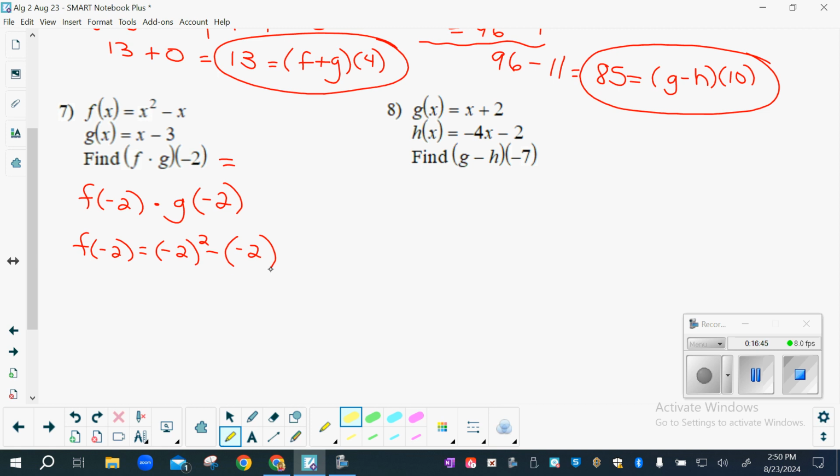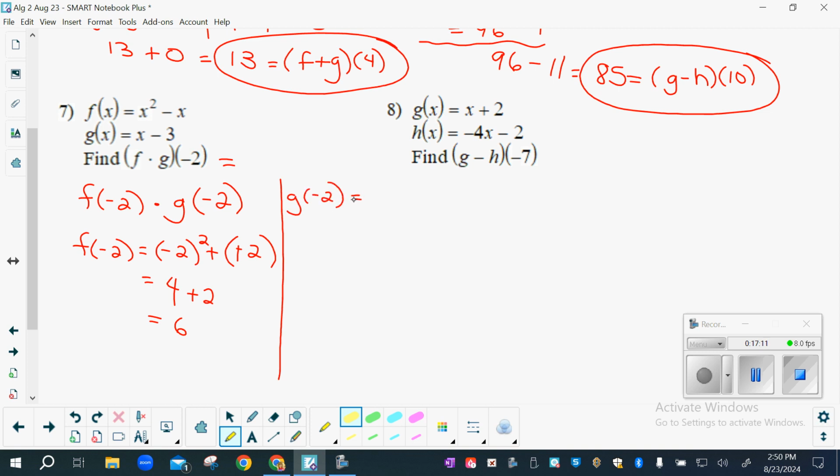We do. You have to square the negative 2, not just the 2. So negative 2 squared would be, what's negative 2 quantity squared? 4, and then minus a negative would be like plus 2, or 6. But we still have to find our g of negative 2.